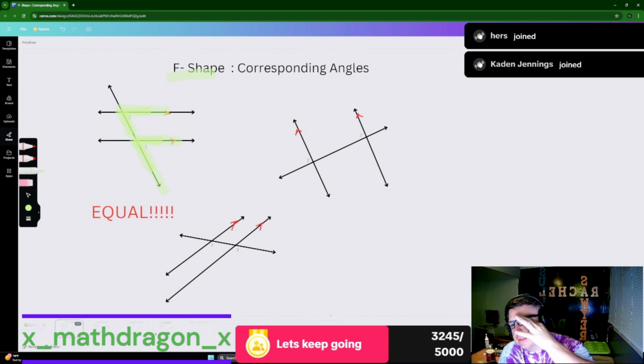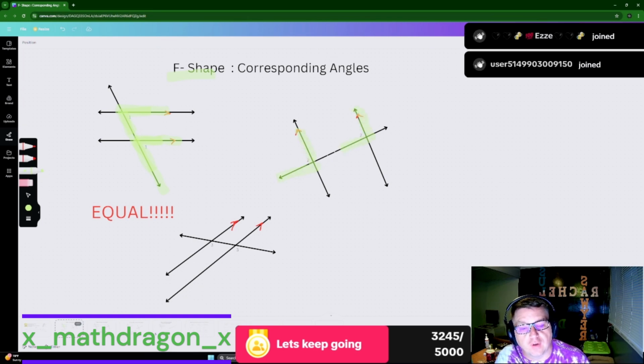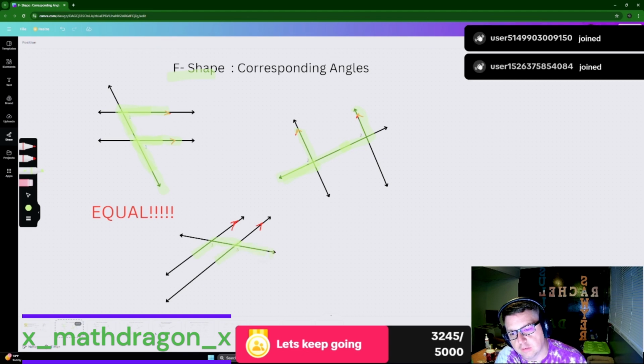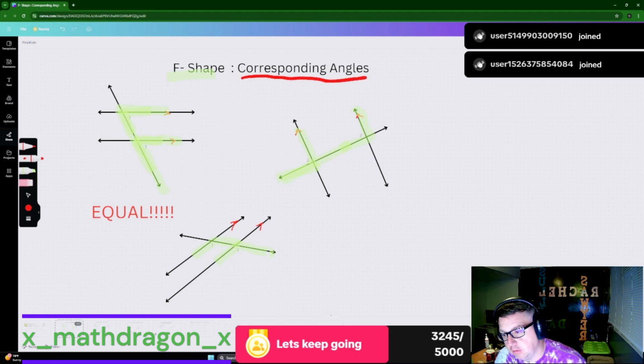It sort of looks like an F, but you have to start to train your mathematical eye to see this F, or to see this F. And if I extend this angle right here, you can start to see that F. Or right here, start to see that F. Whenever you create this F shape from two parallel lines that are cut by a transversal, what you have are corresponding angles. And corresponding angles, you guessed it, are equal.